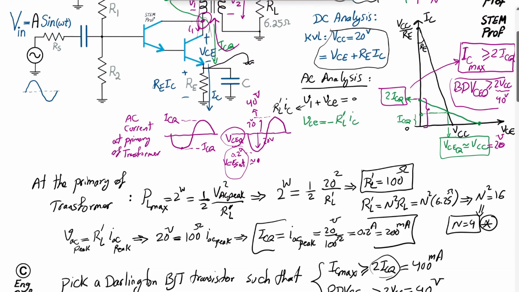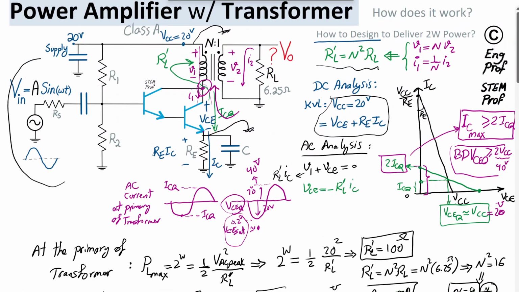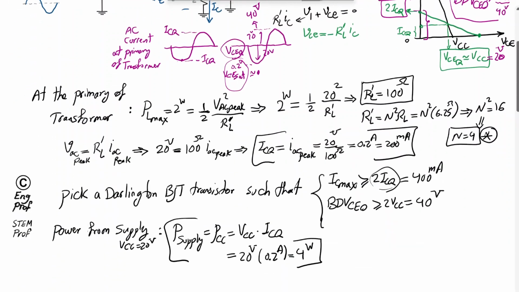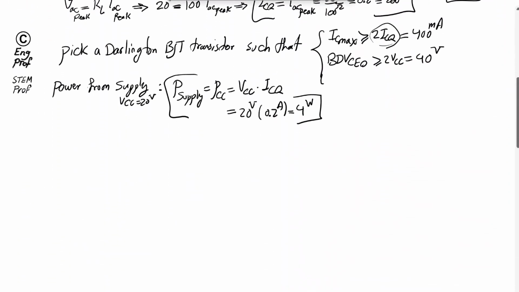Why is it important? Well, when there is no input Vin, basically when Vin is 0, there is no power delivered to the output. All the power from supply should then be consumed by the Darlington transistor, because that's the dominant consumer. So in class A, when there is no input, we have the maximum waste.